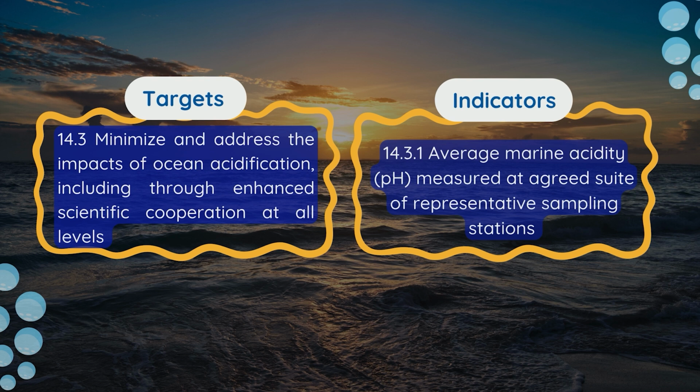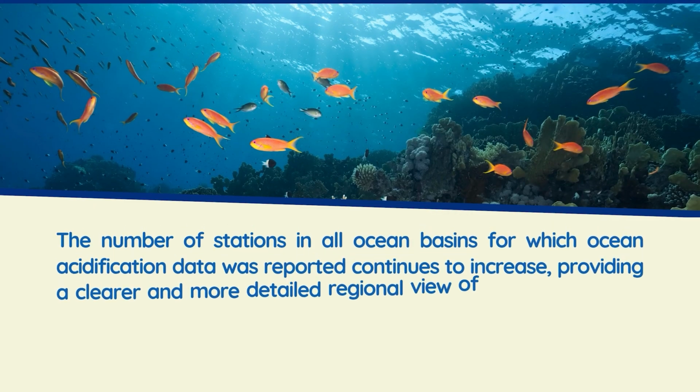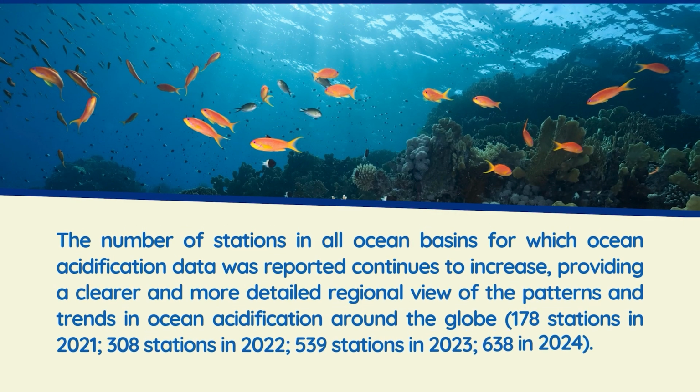That has to be measured regularly at different places. When we look at the progress, the number of stations in all ocean basins for which ocean acidification data was reported is increasing, providing a clearer and more detailed regional view of the patterns and the trend of acidification around the globe.